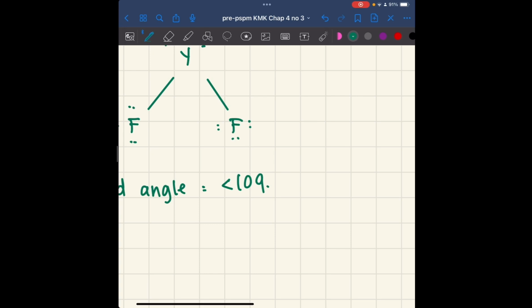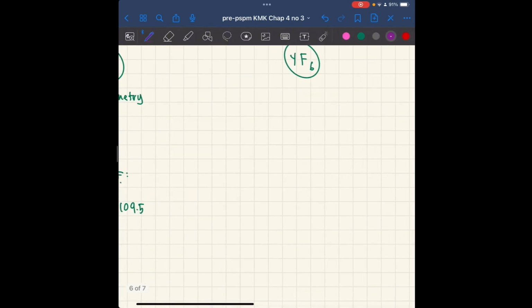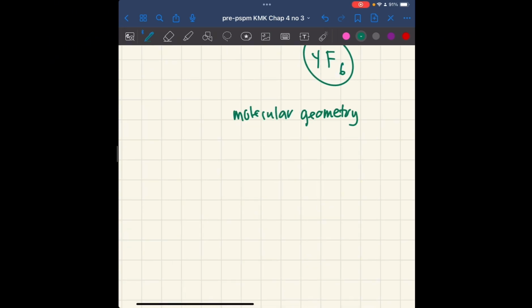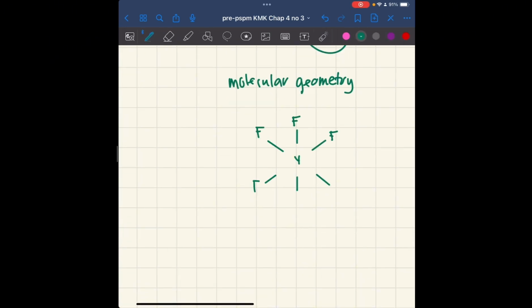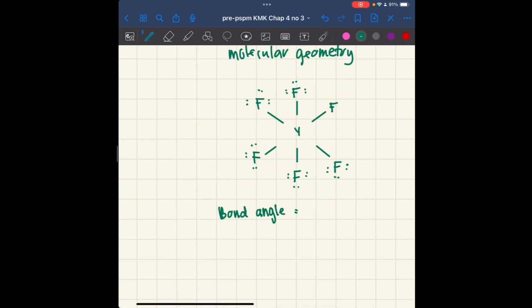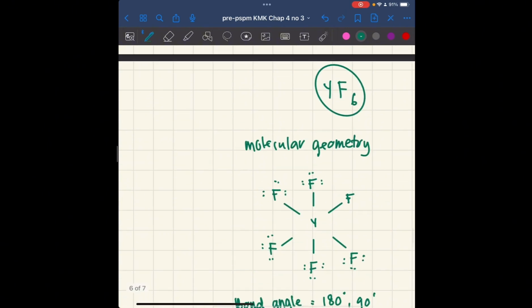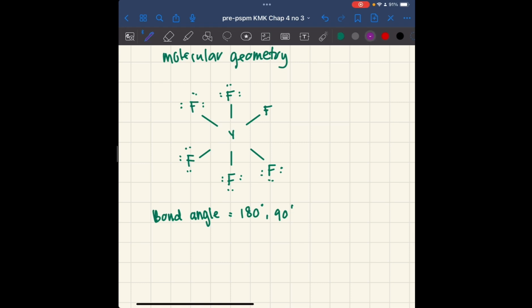Here the bond angle is less than 109.5. And then for YF6, there are two bond angles. One is 180, then one is 90 degrees. One is like this, 180, and one is here, 90 degrees.